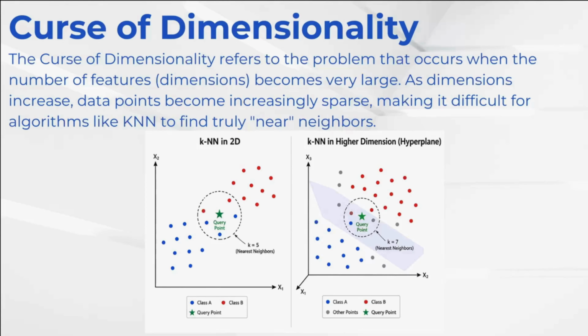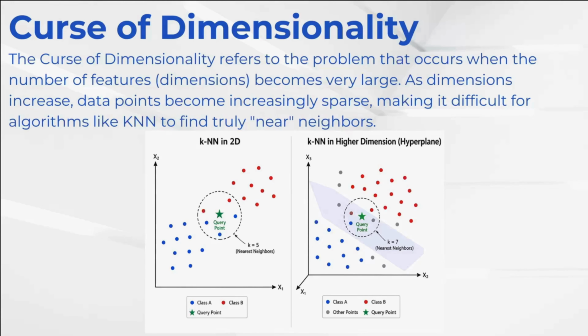And the KNN will struggle in this case because it relies on distance. And when I talk about the hyperplane, all the points become far apart from each other, right? So if you talk about two dimensions, all the points will be closer to each other. So it is easy to understand that, okay, this point is very close, this point is very far. Let me classify this unknown data as the class of this point, right?